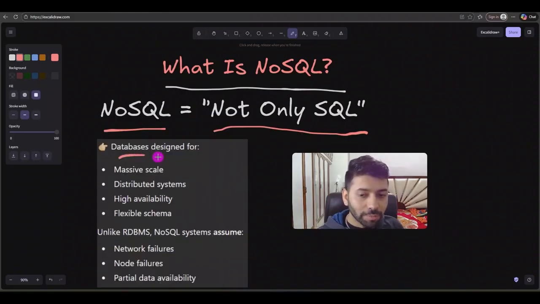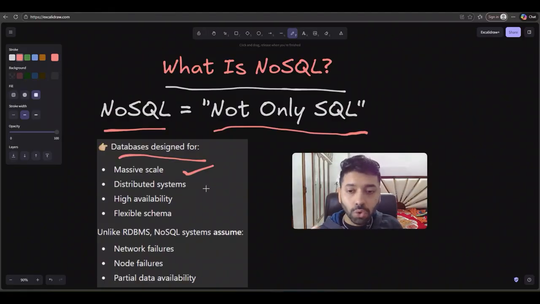NoSQL databases are designed for massive scale. SQL is not that great when we talk about massive scale. Why? Because we saw sharding or horizontal scaling is quite complex and difficult in SQL database. But NoSQL database is designed for massive scale because horizontal scaling is not an issue in NoSQL. It is done automatically at the DB level.